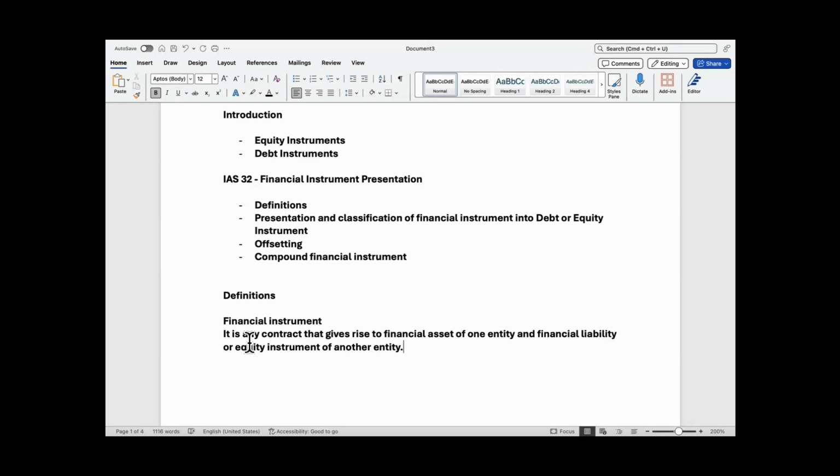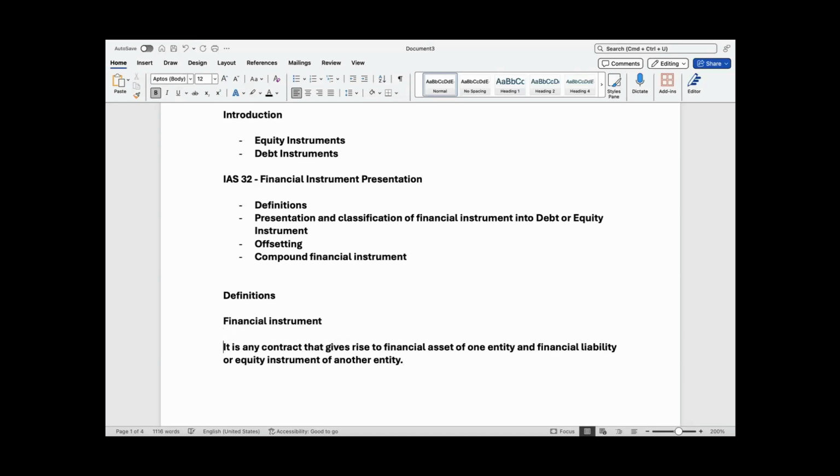Okay, this is how IAS 32 defines financial instrument.